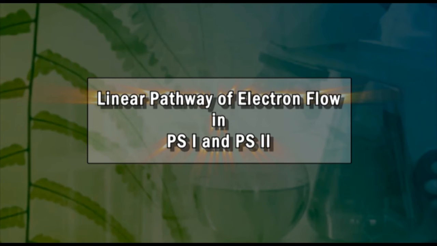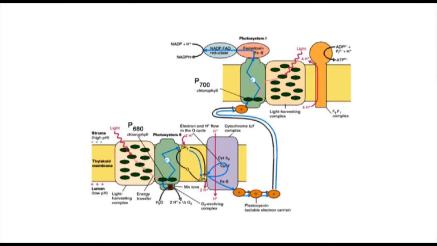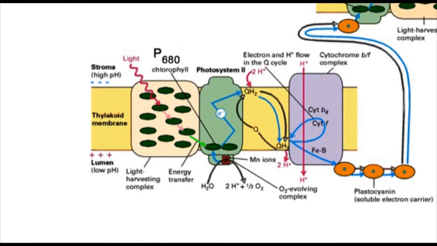Now let's study the linear pathway of electron flow in PS1 and PS2. The linear flow of electrons involves PS2 and PS1 in an obligate series in which electrons are transferred from water to NADP+. The absorption of a photon by PS2 causes an electron to move from P680 to an acceptor plastoquinone, QB, on the stromal surface.